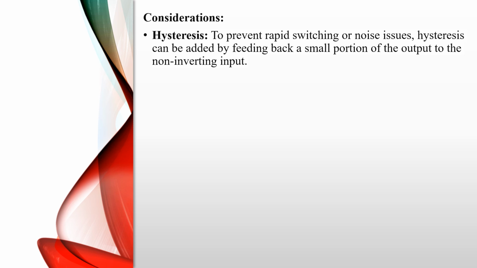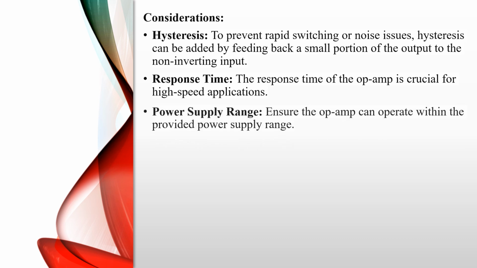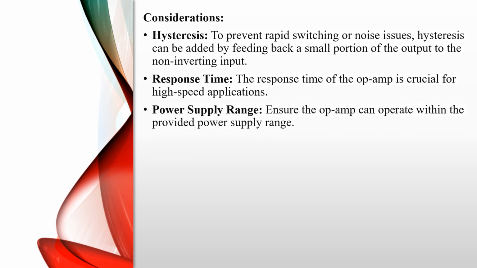Next is response time. The response time of the op-amp is crucial for high-speed applications. Next, power supply range. Ensure the op-amp can operate within the provided power supply range. So these are the basic considerations to generate a comparator circuit by using an op-amp.